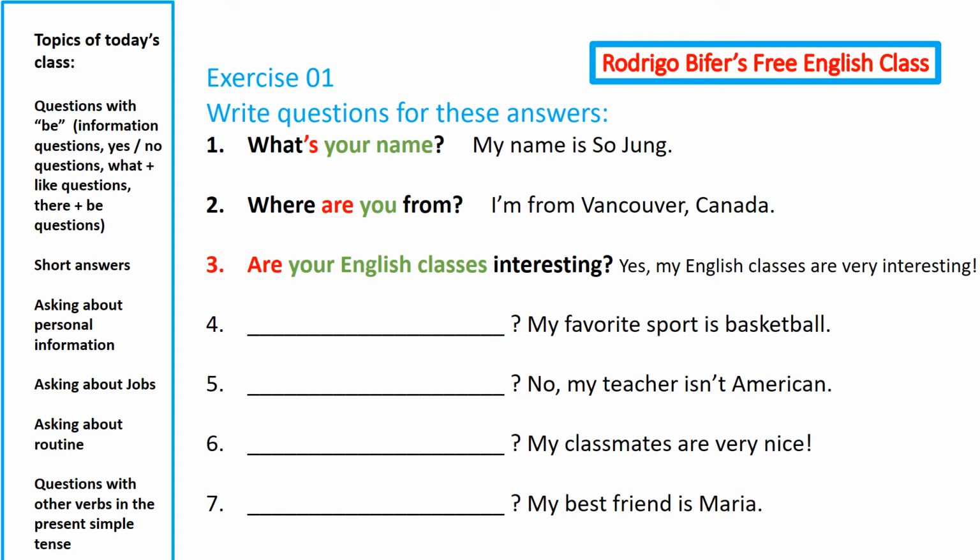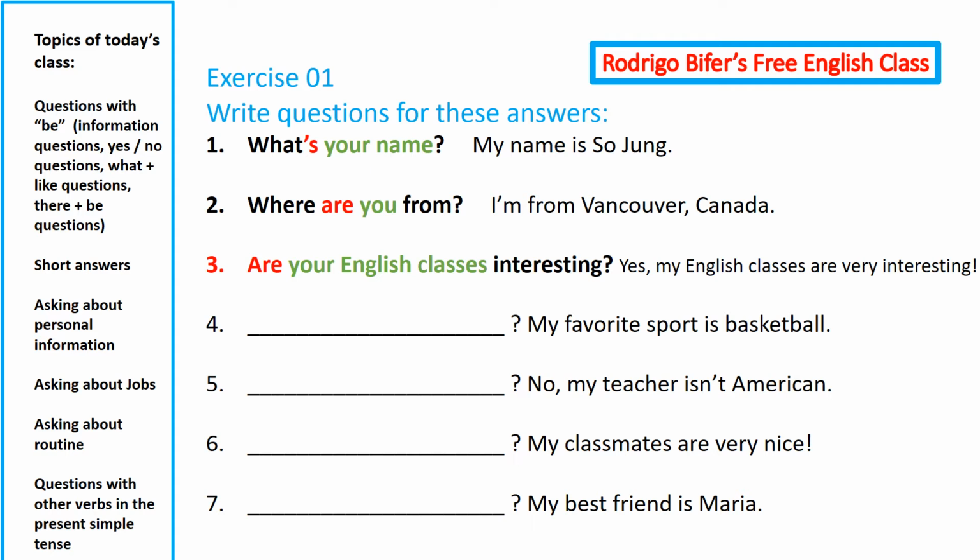So what are we talking about here? We're not talking about a person. We're not talking about a person's name. We're not talking about a country. We're talking about the person's English classes. So your English classes, are they? It's plural. Okay, so are they interesting? Yes, they are. They are very interesting.